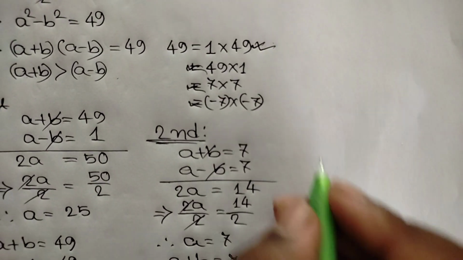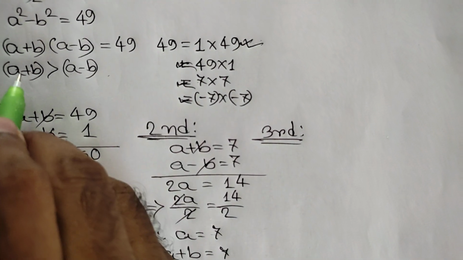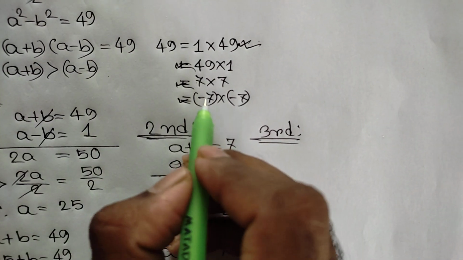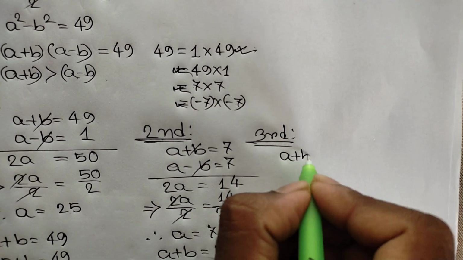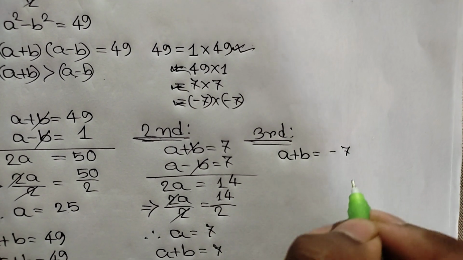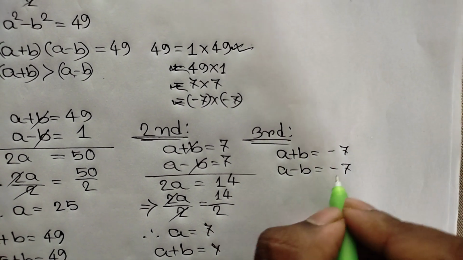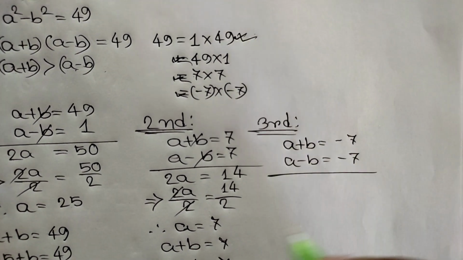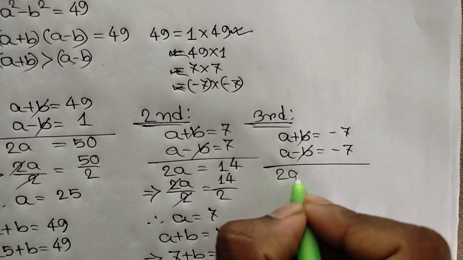Here third case, we will write a plus b is equal to minus 7 and a minus b is equal to minus 7. Now adding these two equations, we will get this b cancels out this b, so a plus a is equal to 2a.